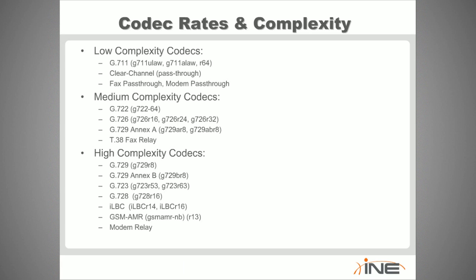The rationale was that we would always need at least medium complexity codecs. So if we enabled medium complexity algorithms, then we provisioned enough of the DSP resources for both medium and, of course, for low. If we chose high complexity, then it provisioned all of the DSP resources on that DIMM, all of the individual chips, for high complexity, which of course would allow for medium complexity and low as well.